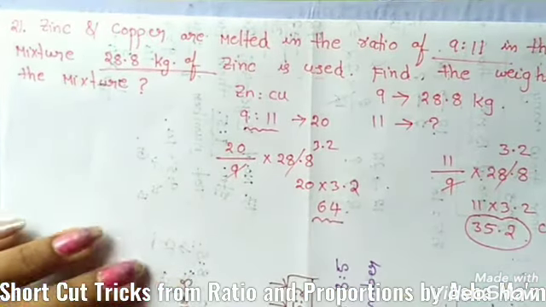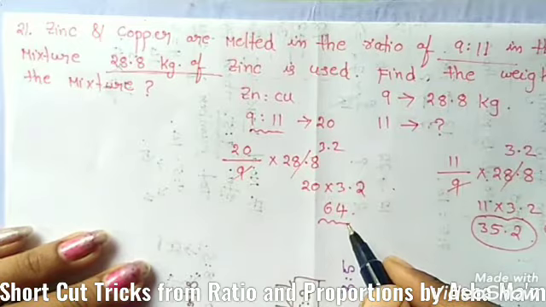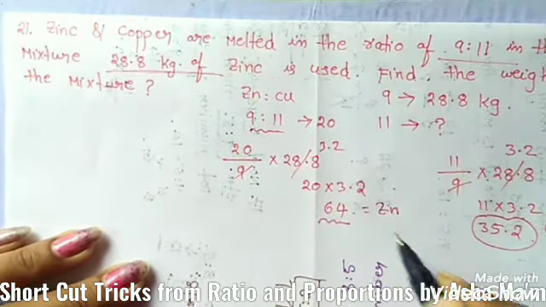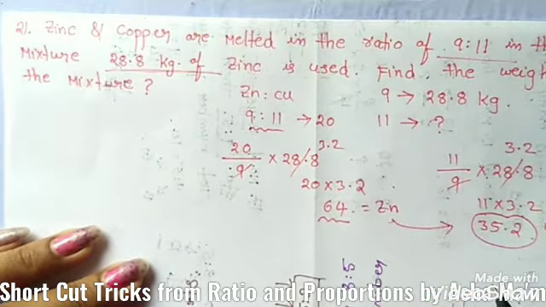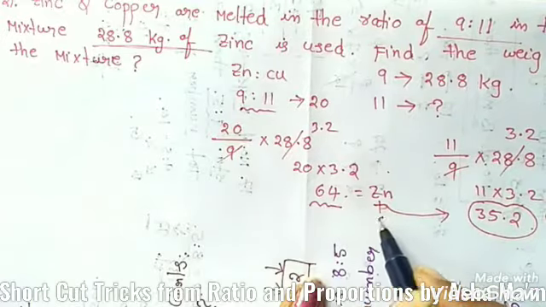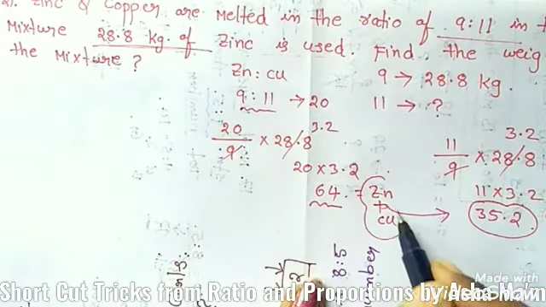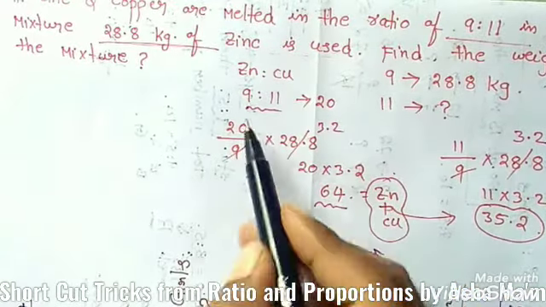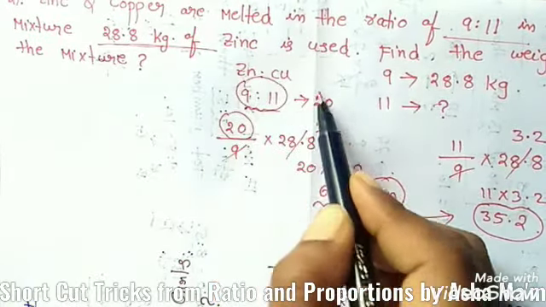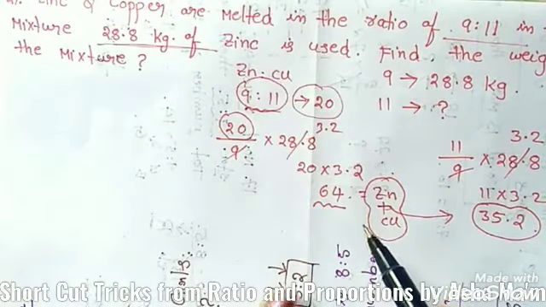Okay, now 64 is the total weight of zinc and copper, these two. Why? Because we have taken the number here 20, that is from 9:11. So the total ratio we have taken.